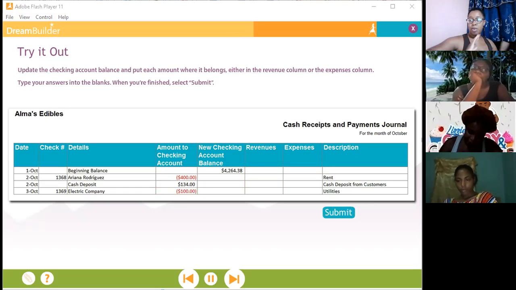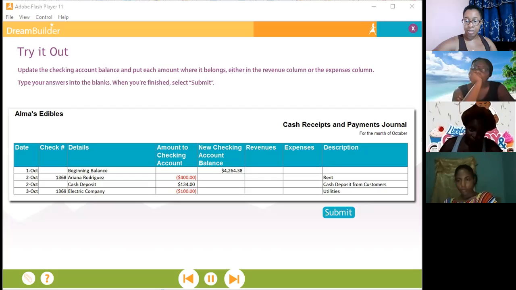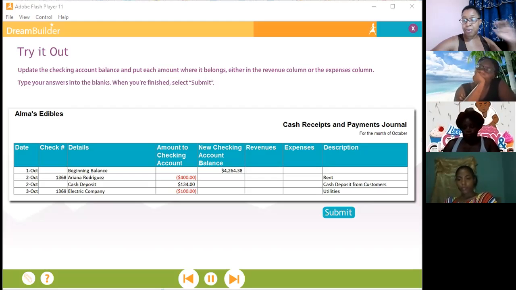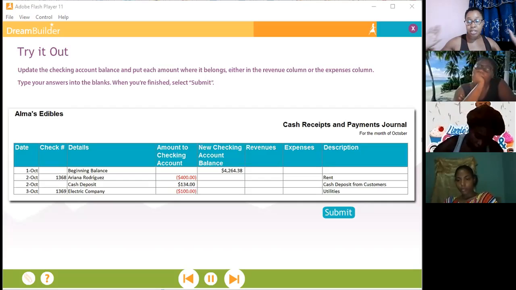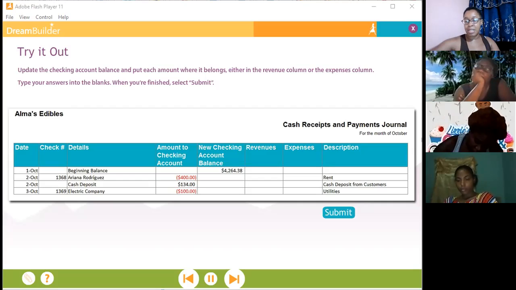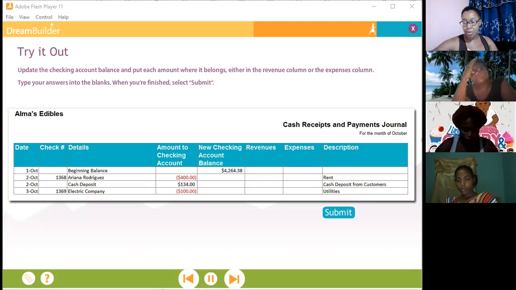Okay, so this is where we go into our classwork. I'm going to be calling upon each of you to give me the answer as to where to put what. I went through the explanation on the previous slide because this is what we're preparing for. Since everybody said they understood, then everybody should be able to get this correct.